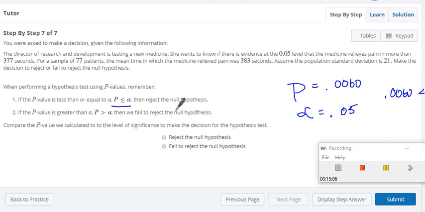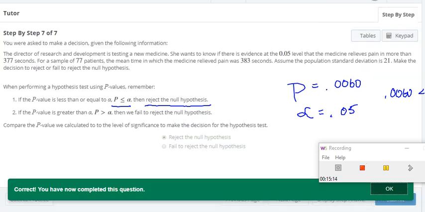So if that's the case, then we will reject the null hypothesis. And rejecting the null hypothesis, all that really means for us is that it opens up the door for us to move forward, to ask more questions, to say, okay, well, maybe there is something going on in this particular scenario with this significance level from the new data that we've collected. So we had this historical data where the mean was 377, but then we sampled 77 more people and found out that their mean was 383.